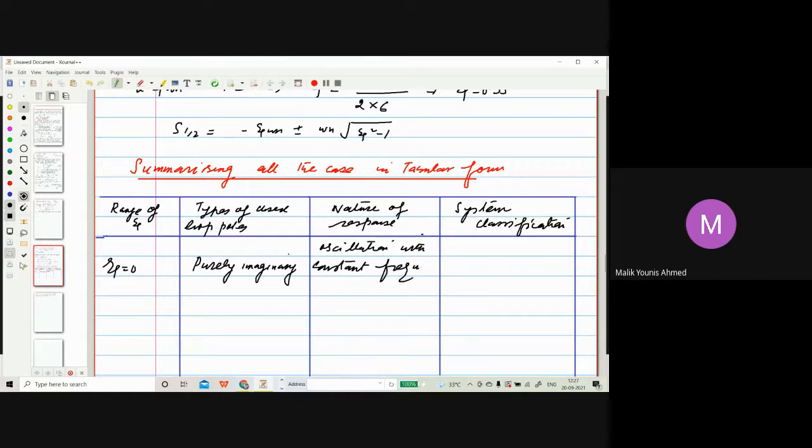But the type of response here will be undamped. There will be no damping in the system because roots are purely imaginary. So xi 0 means undamped.